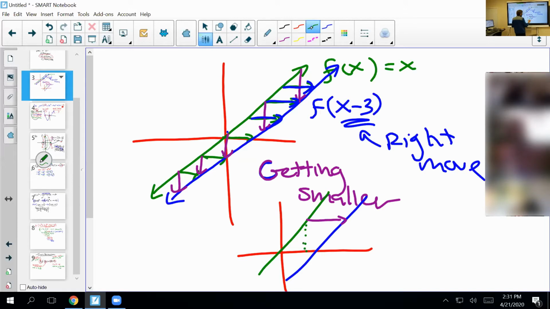What do I need to do to my new value to get back to my old value? Well, you need to subtract, right?